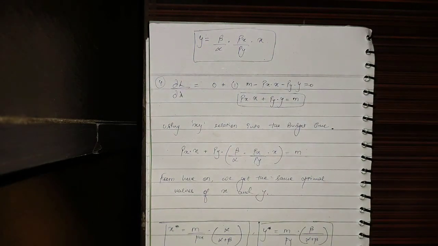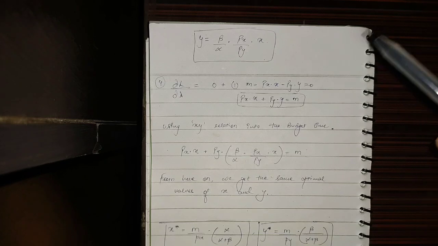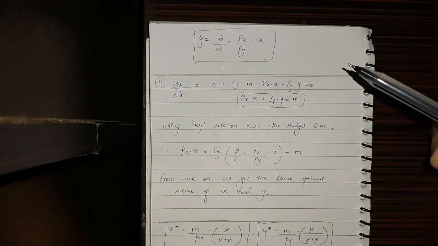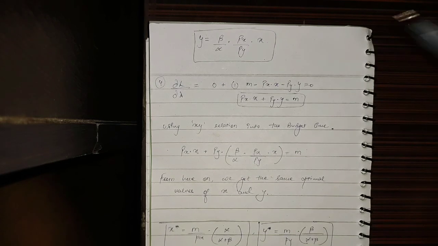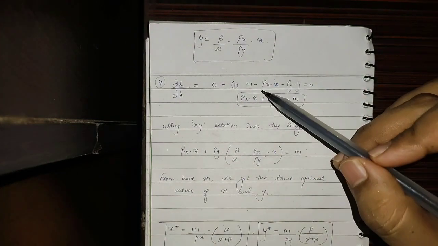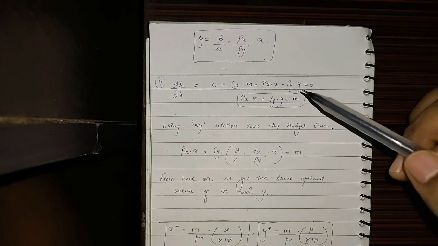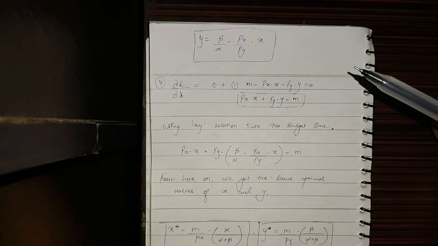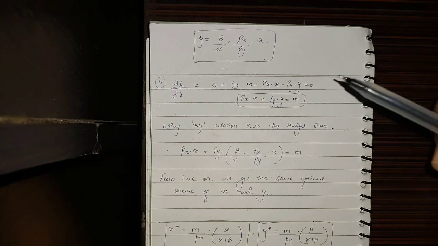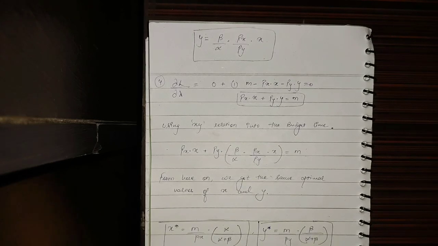The whole of the utility function will become 0 because it didn't have any lambda term, and the equation of the budget line actually had a lambda, so it would turn out to be 1, and we will be left with m minus px into x minus py into y equals 0.